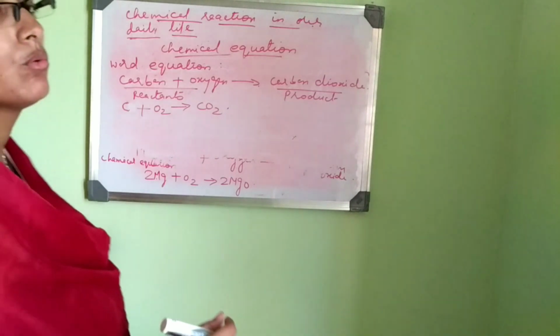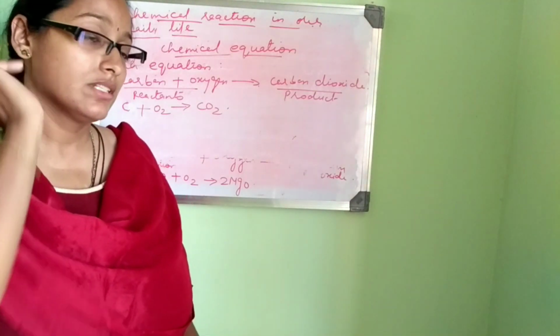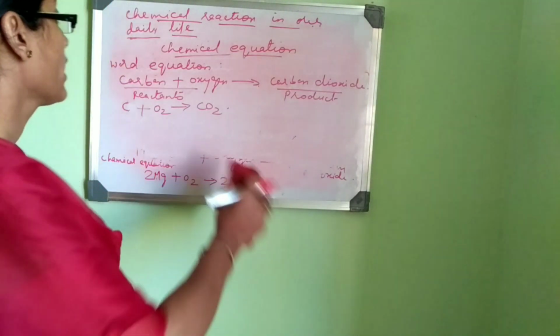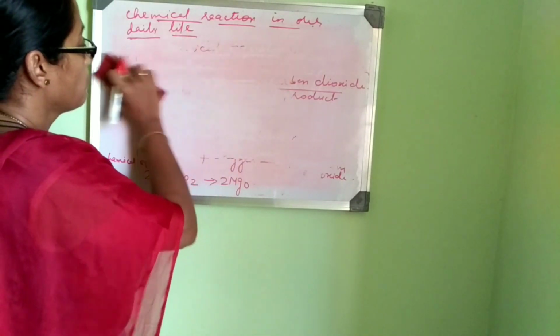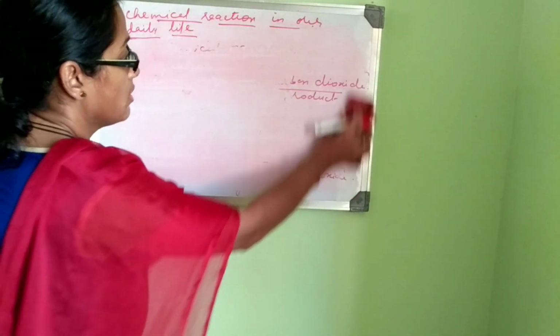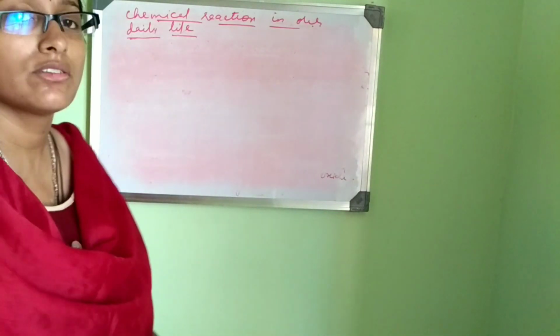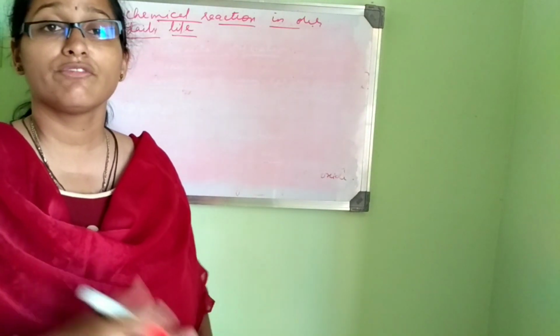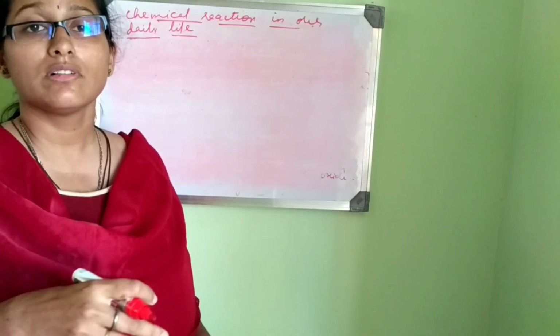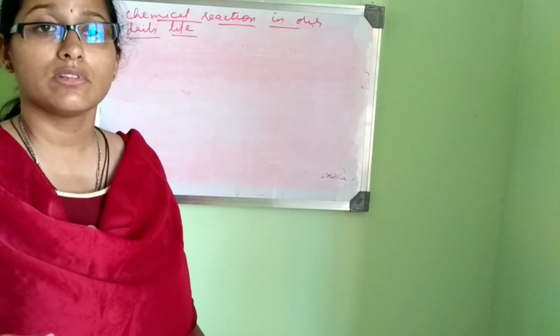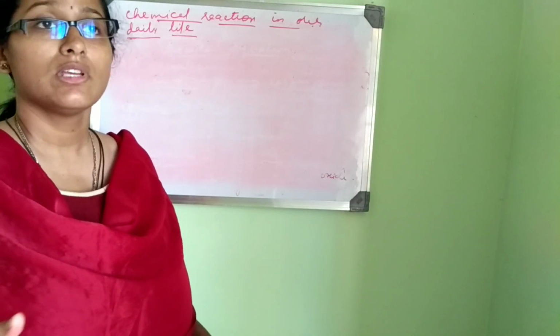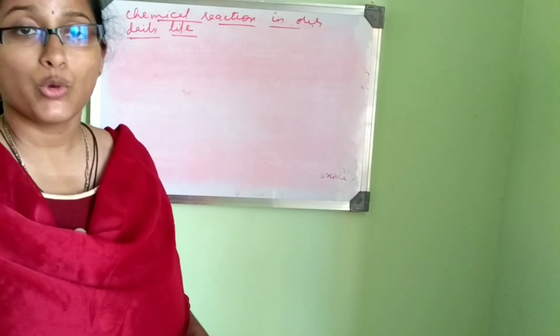So what we have learned now, let's have a small recap. We have learned what a chemical reaction is. A chemical reaction is the formation of a new substance from a single substance or one or more substances, and it also has new different properties.